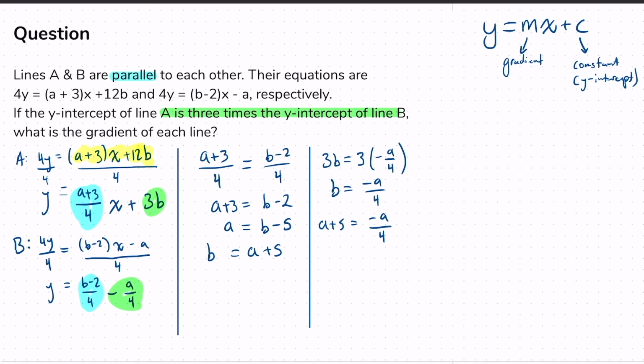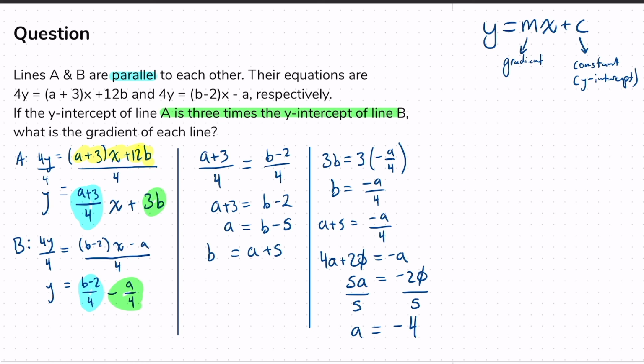Then I times everything on the left-hand side by 4, giving me 4a and 5 times 4, 20, equal to negative a. I am going to add a to both sides and subtract 20, giving me 5a on this side and negative 20 on this side. Divide by 5. a is equal to negative 4.